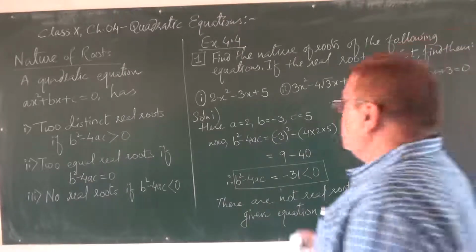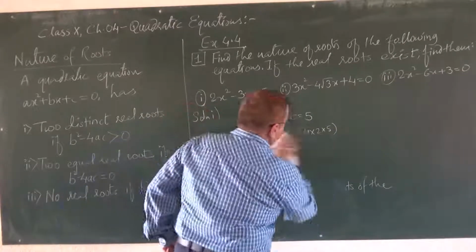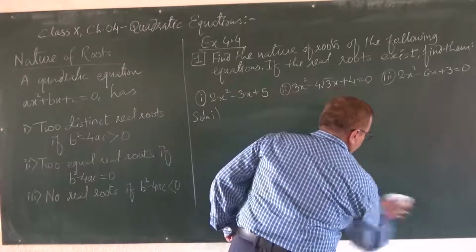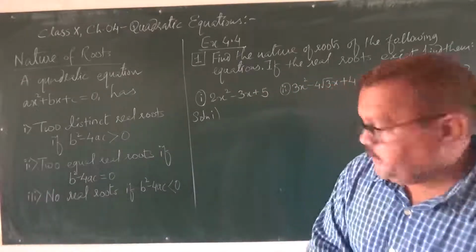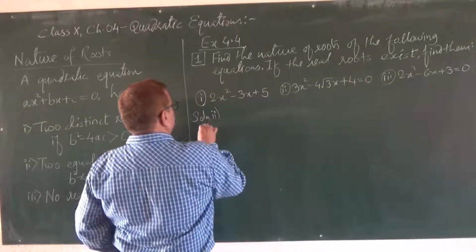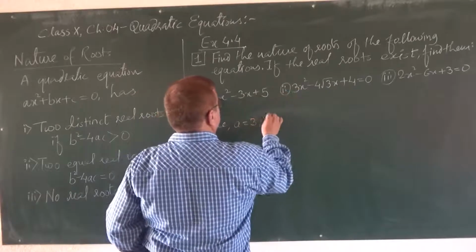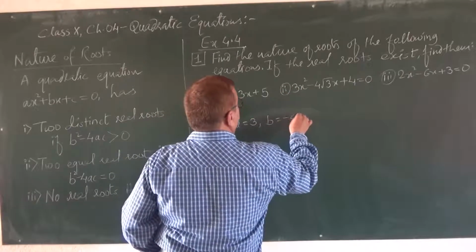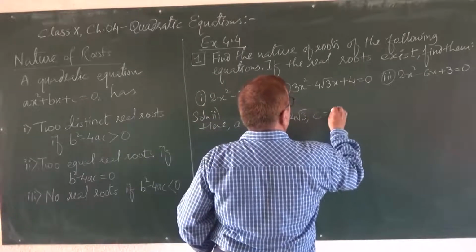Let us see now the second. Second one: here a is 3, b is minus 4 root 3 and the value of c is plus 4.